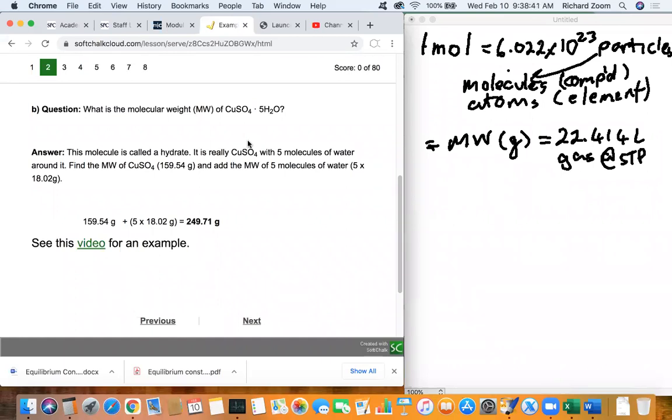So copper sulfate·5H2O is CuSO4 with 5 molecules of water around it. And if you wanted to find the molecular weight of CuSO4·5H2O, you find the mass of CuSO4, which happens to be 159.54 grams, and then you add the molecular weight of 5 molecules of water to that. So that'd be 5 times 18.02. So this is something you're dealing with in lab right now. Does anybody have any questions? Okay.